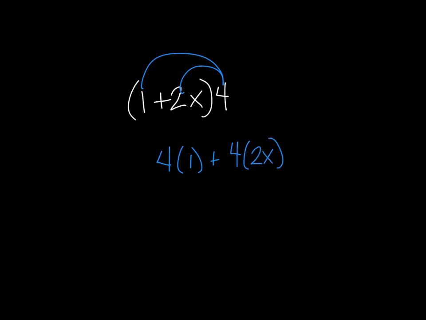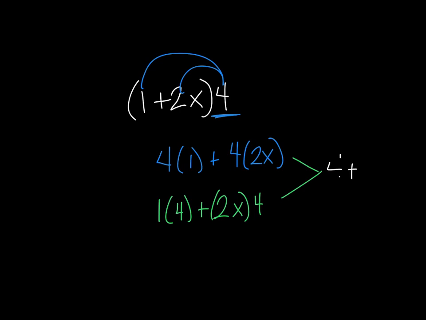Or if you want to be really precise because the 4 is afterwards, you could write it as 1 times 4 plus 2x times 4, if that's how you want to do it. Either way, they're both going to give you 4 times 1 is 4, and 4 times 2 is 8, so you get 8x. They're both going to give you that. And in the book, it'll show 8x plus 4 because we usually write the x before the constant.